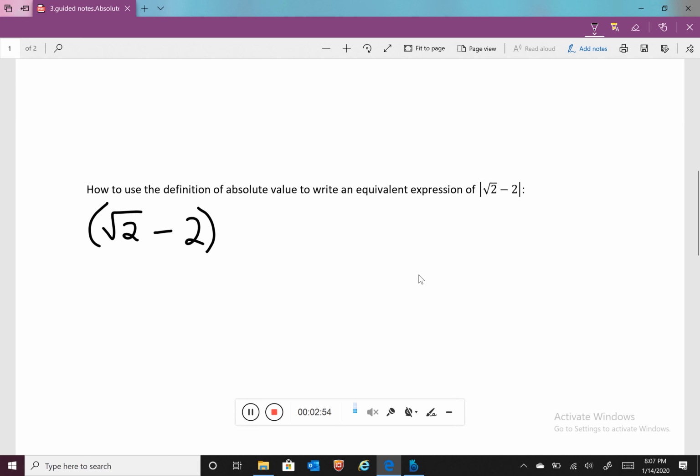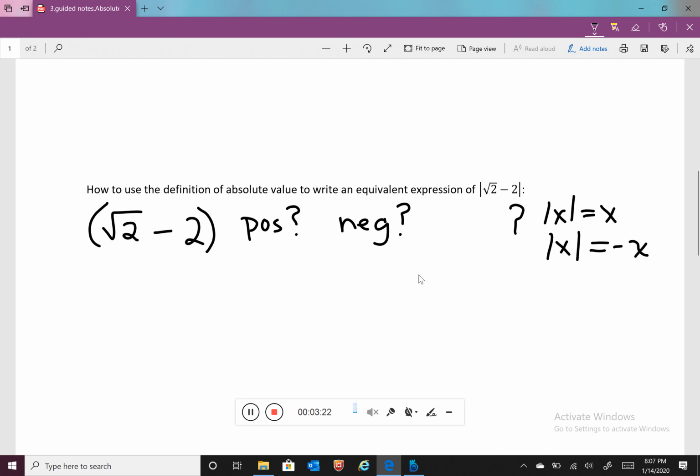So we need to know, is this positive or is it negative? Because we need to know, is this going to just be the absolute value of x equals x? That's going to be true if this is positive. Or is it going to be the absolute value of the inside being the opposite of the inside if it's negative? So this is what we're trying to figure out.